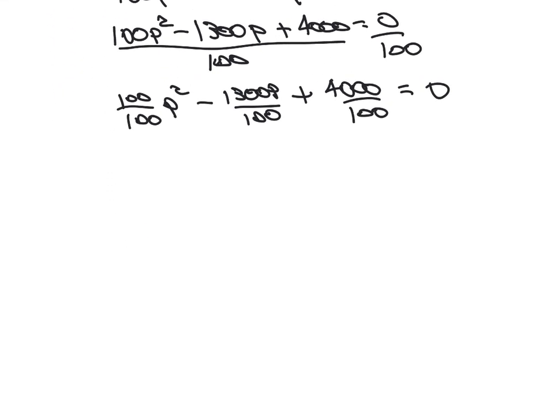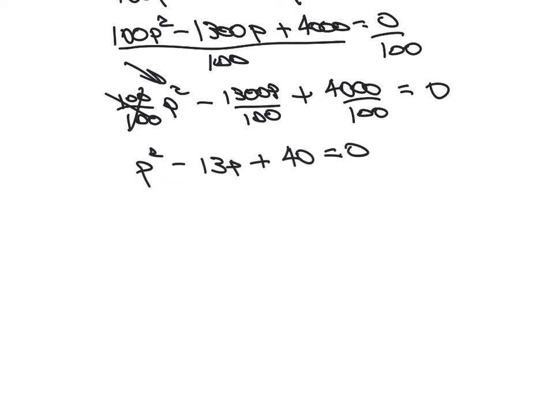What I'm trying to do is get rid of the term in front of the p squared, because 100 over 100 is 1. 1,300 over 100 is 13. 4,000 over 100 is 40. And we're here. Okay, so this here equals the same here. It's kind of like we just reduced it.